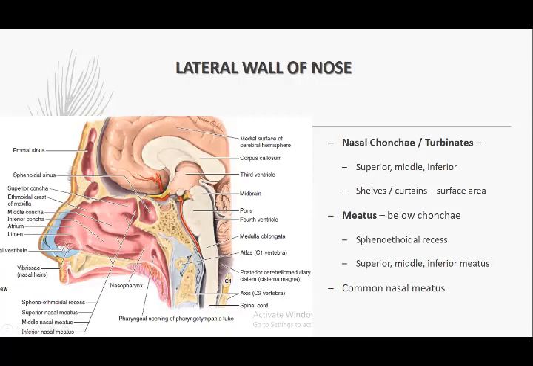These shelves are called nasal conchae. Concha is singular, conchae is plural. ENT surgeons also call them turbinates. So concha and turbinate are one and the same thing. Anatomists call them concha because they are made up of bone.